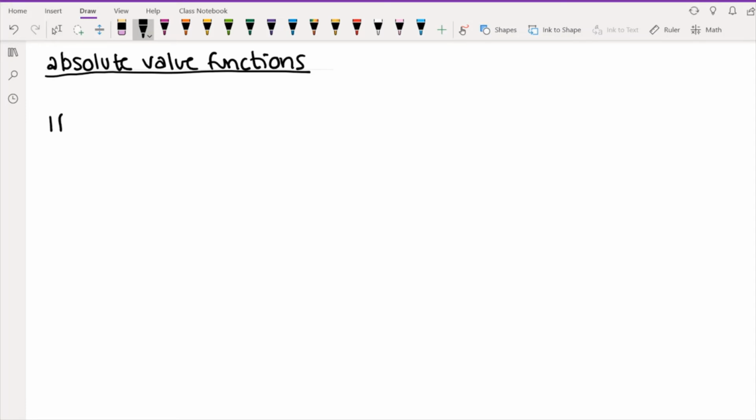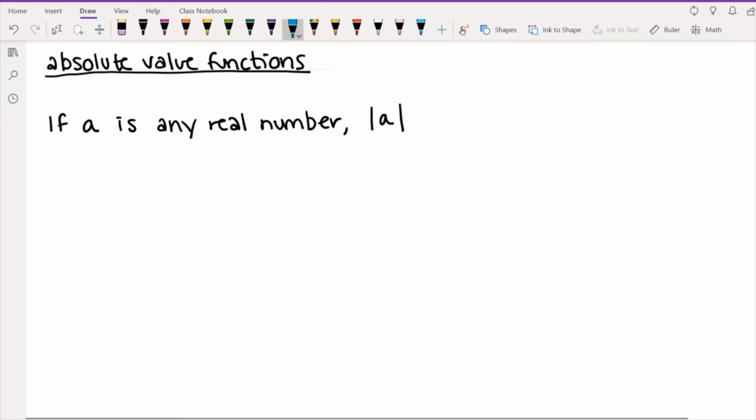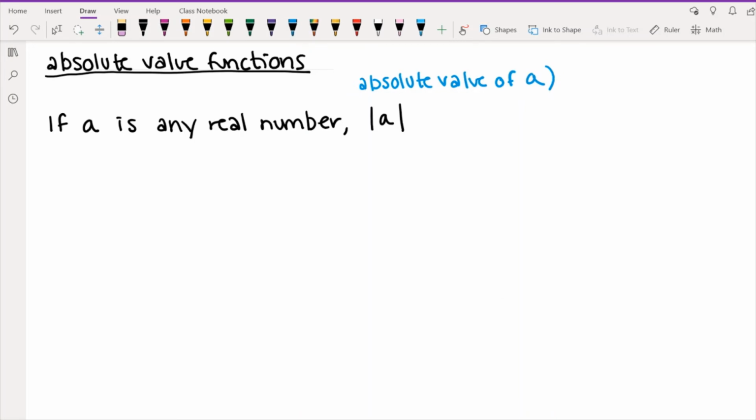So if a is any real number, if you put these kind of vertical bars around a, the way that you would read this is you would read this as the absolute value of a. That's like how you would pronounce that symbol out loud.